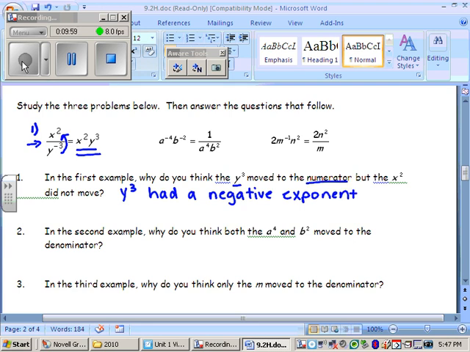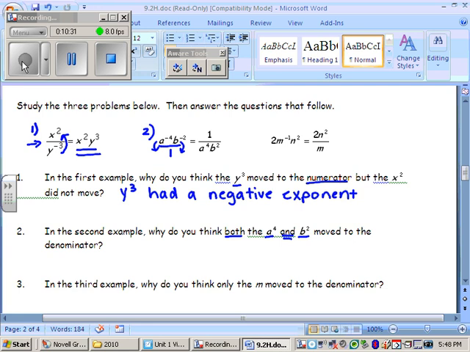The second question says, in the second example, why do you think both the a to the fourth and the b squared moved to the denominator? Again, this time both bases have negative exponents, so therefore we need to take the reciprocal of both bases. So each of them will flip to the denominator to make their exponents positive.